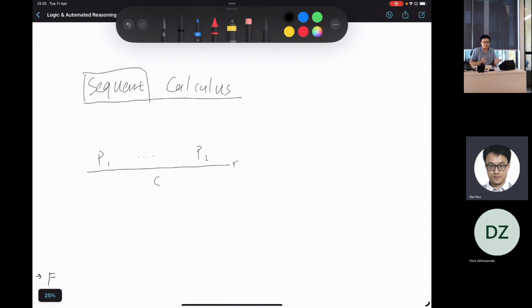It's actually a list of logical formulae. So a sequent is basically a sequence or a list of logical formulae. And then there's another guy called Kleene, and he's American, so he knows English well. He coined this word, sequent. He says a sequent is a sequence of logical formulae.